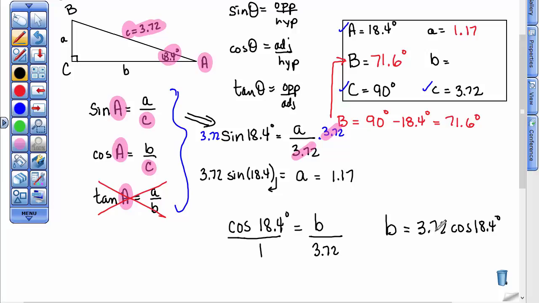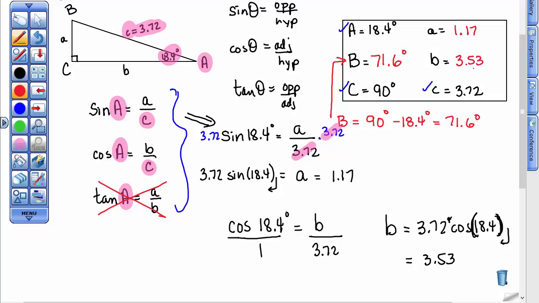So I actually type in 3.72 times, so hit your times key, cosine, open parentheses, 18.4, close parentheses, hit enter, and you should get that side B is equal to 3.53. I'm going to go ahead and fill that in right here.